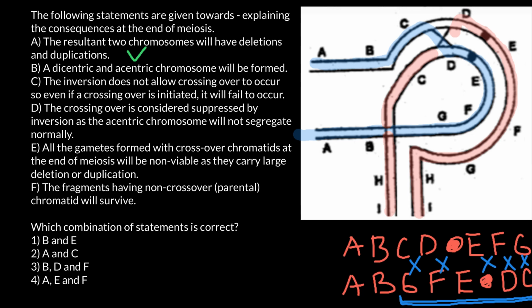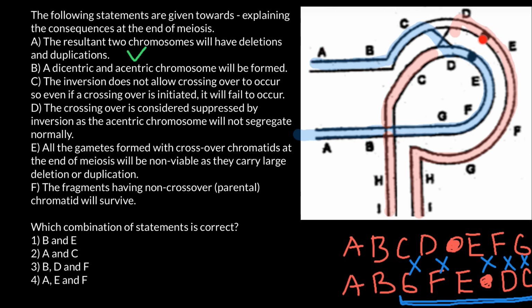Variant B, decentric and acentric chromosome will be formed. This would be true if, not crossing over, but actually if the centromere were outside of this region.